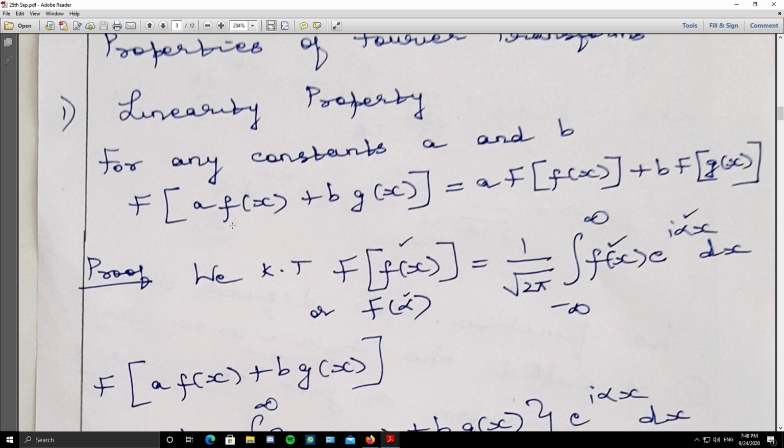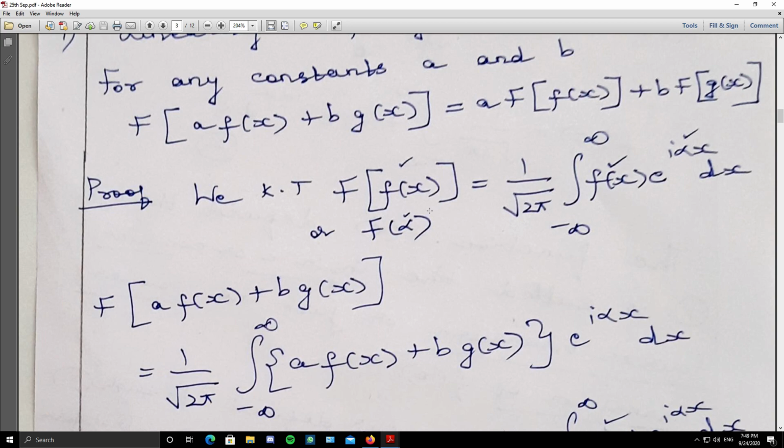What do you mean by this expression? Capital F for Fourier transform. Fourier transform of this sum a f of x plus b g of x is equal to a times the transform of f of x plus b times the transform of g of x.